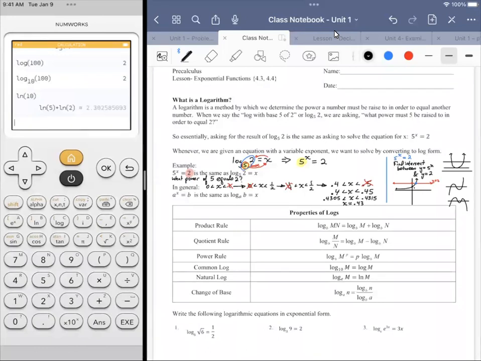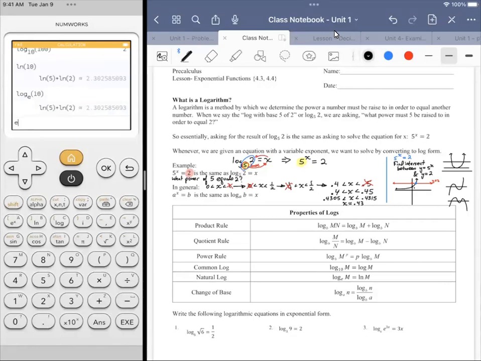But if I put in log and then type in an e, a lowercase e, and I don't know any other way to do this except, well, I guess I could use alpha E. It's going to spit out the same value. What I usually do is I grab this e to the x right here because it's already got the e in it.